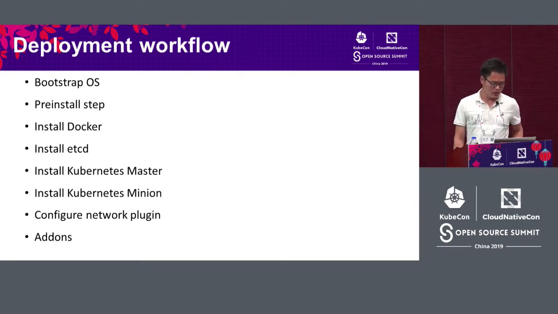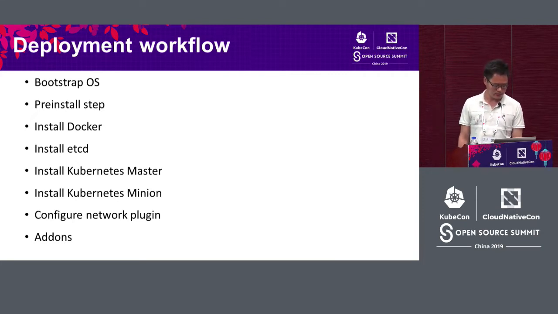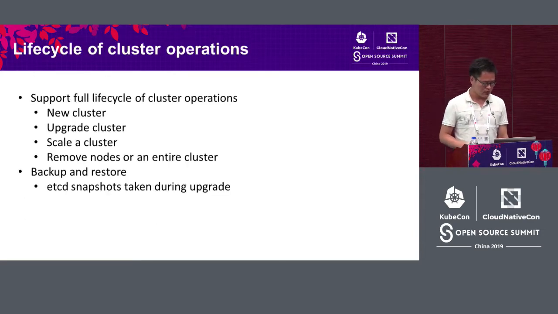So this is pre-install, and then you need to install Docker and etcd, and then you need to install master and minion and configure a network plugin, and then you need to install add-ons like dashboard or storage plugins. So this is the deployment workflow for Kubespray.